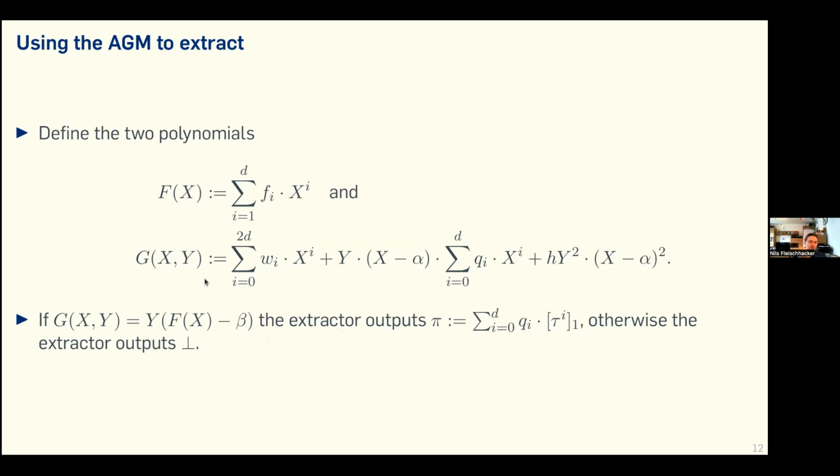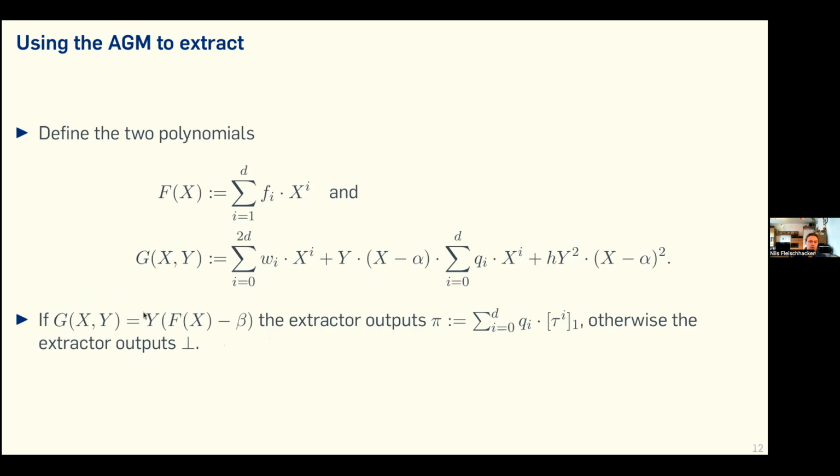And okay, so to extract, the extractor now checks one thing, and it checks whether this polynomial g is equal to y times f of x minus beta.